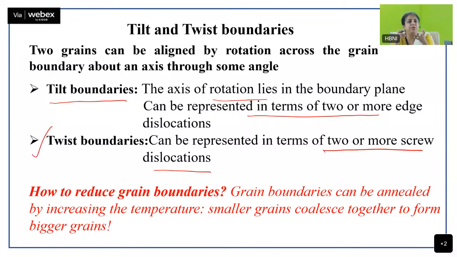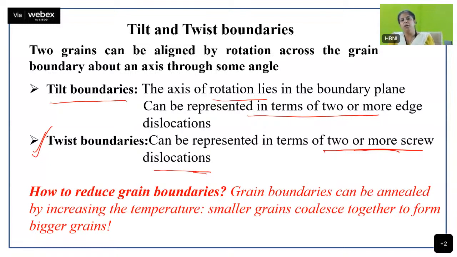As we talked about why the screw dislocation got its name, it's kind of similar to the movement of the screwdriver. So if the misorientation can be represented by twisting in terms of two or more screw dislocations, it is called the twist boundary.